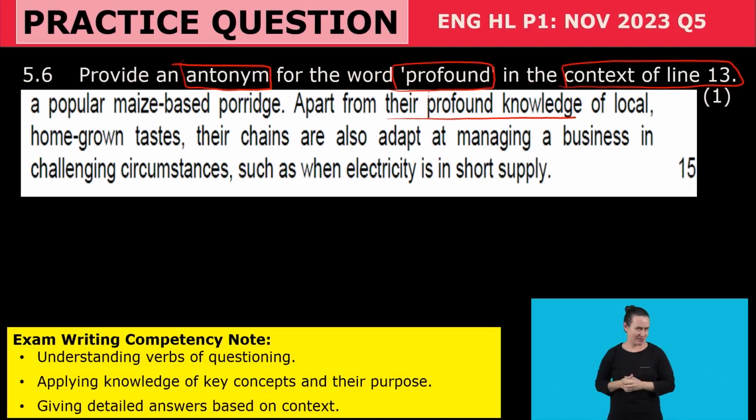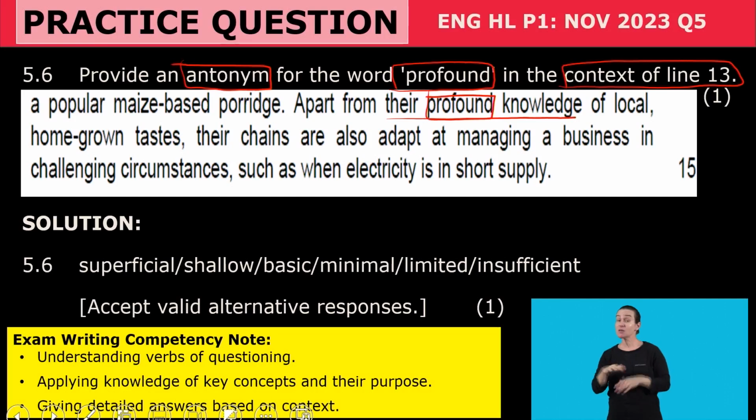We need to replace profound, so the opposite of profound knowledge would be superficial knowledge, shallow, basic, minimal, limited, or insufficient, and then valid alternatives that fit into the context will also be accepted for 1 mark.